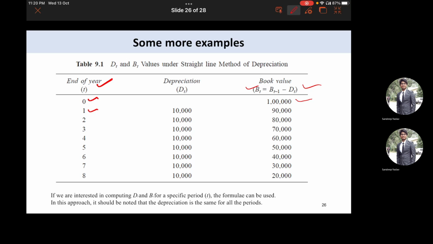For year 1, depreciation will be 10,000 and book value will be 90,000. In a similar way, because the depreciation is constant throughout all the years, we just deduct the depreciation, that is 10,000 rupees. And at year 8, the book value will remain at 20,000 rupees.